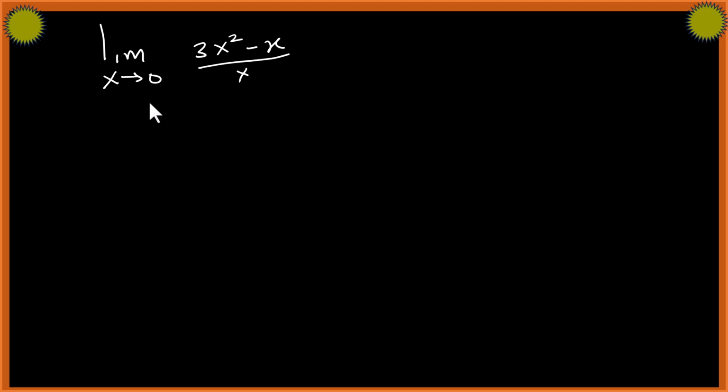When evaluating questions involving limits, we first have to simplify the expression to its simplest form before putting in the limiting value. If we plug in 0 now, we get 0 minus 0 over 0, which is not possible.